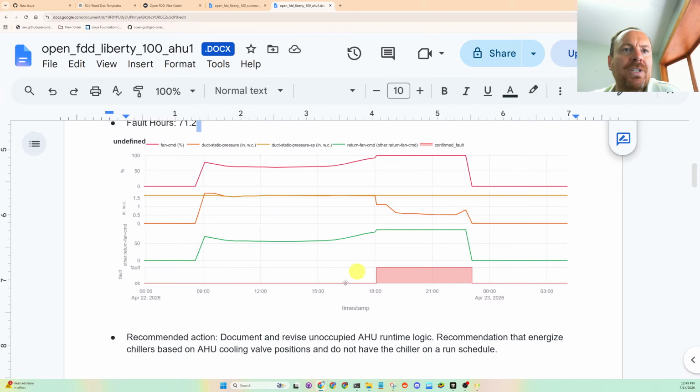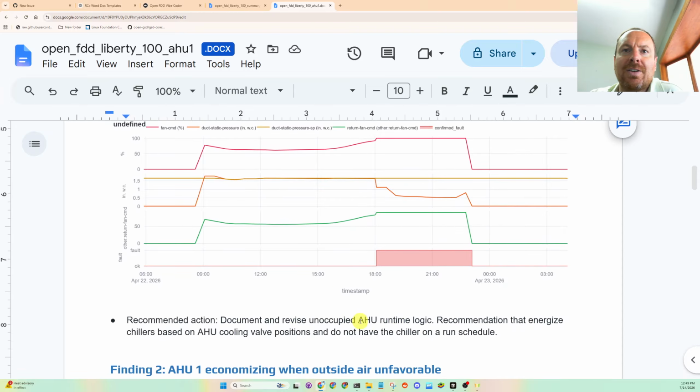So I just have a recommendation to document and revise the air handling unit runtime logic. I don't have the time to do it, but there could be a very generic energy penalty estimation for this to get that utility rebate check.